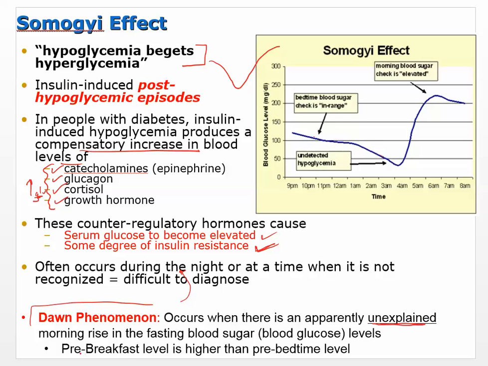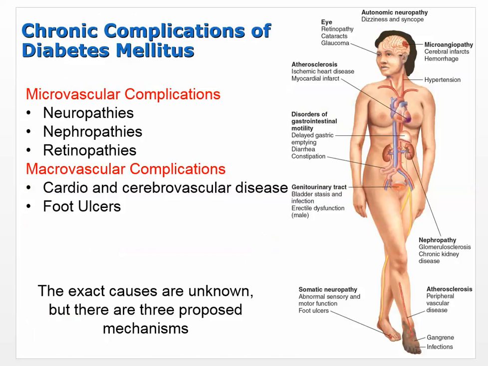What you tend to see is your pre-breakfast level is higher than your pre-bedtime level. Your levels when you go to bed will be at one point, and then when you wake up, they could be elevated. That's called the dawn phenomenon.